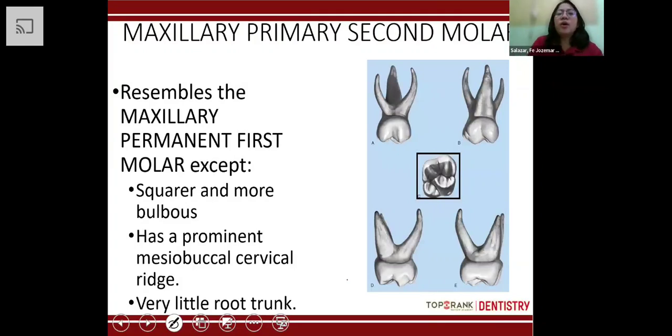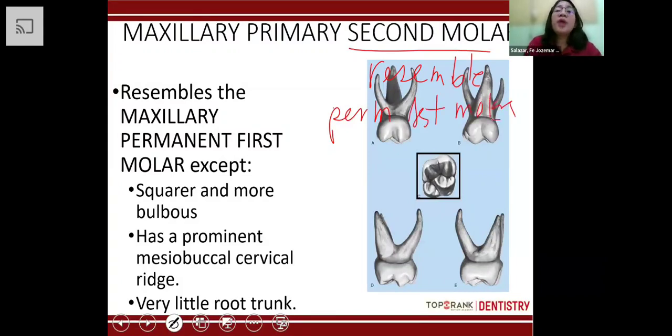Second molar. Always remember that primary second molars will look like, resemble the permanent first molars. Okay? Primary second molars will resemble the permanent first molar. So the maxillary primary second molar resembles the maxillary permanent first molar except for the following.